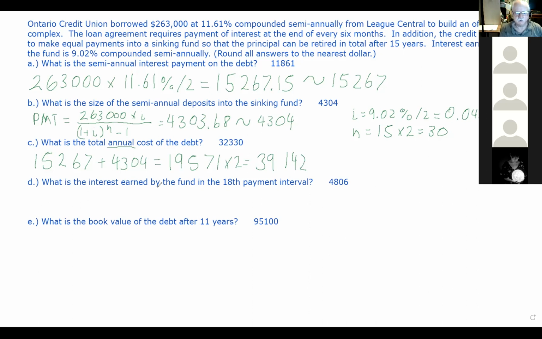Yeah, that was tricky. So what is the interest earned by the fund in the 18th payment interval? So we have to figure out, first off, what the fund is in the 17th payment interval, and then multiply it by the interest rate to find the interest earned in the 18th. How annoying is that? Let's see if we can figure out how to do that.